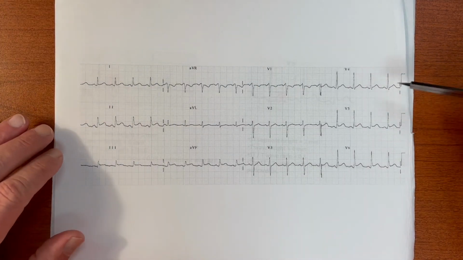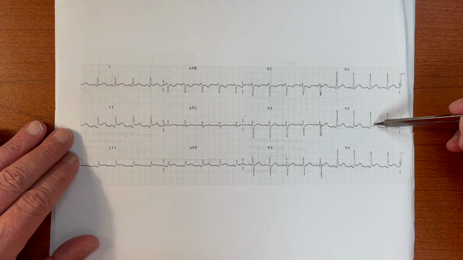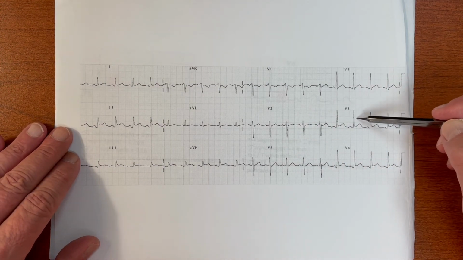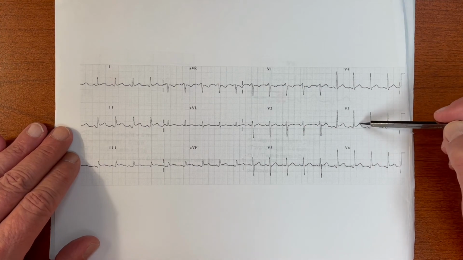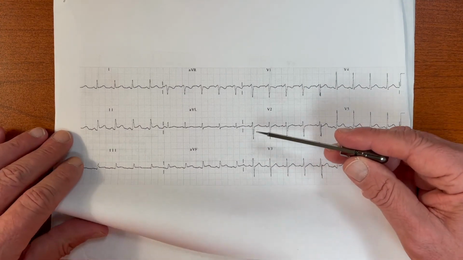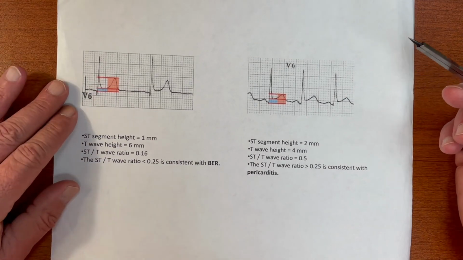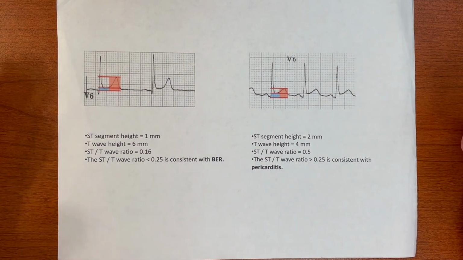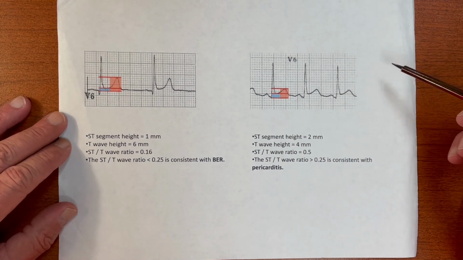By comparison, when we look at the T wave in pericarditis, it seems subdued in relation to the QRS. In fact, it seems quite low. We can use this then to tell us, it's that ratio that tells us, is it early repol or pericarditis.